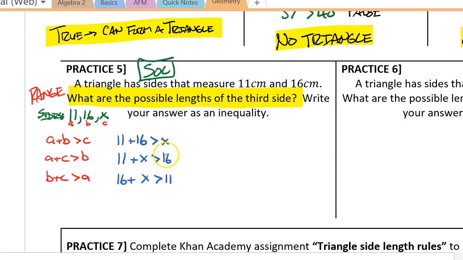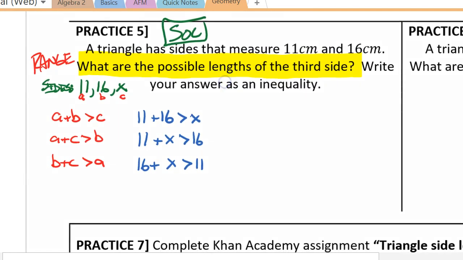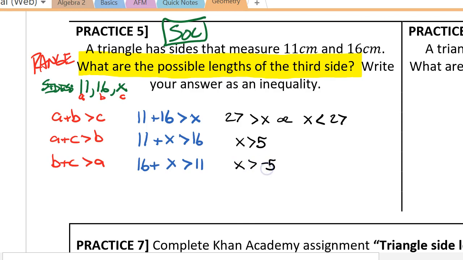Now these are all one-step inequalities that we can go ahead and simplify. This simplifies to 27 must be greater than x, or x is less than 27. This one, I subtract the 11 over, we get x is greater than 5. And here when I subtract the 16 over, I get x is greater than negative 5.